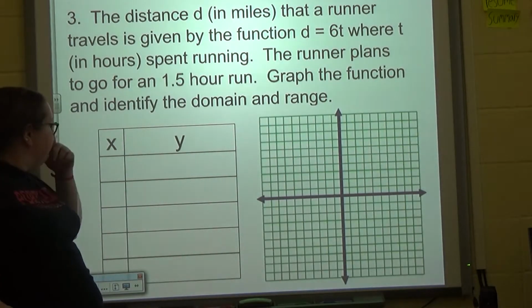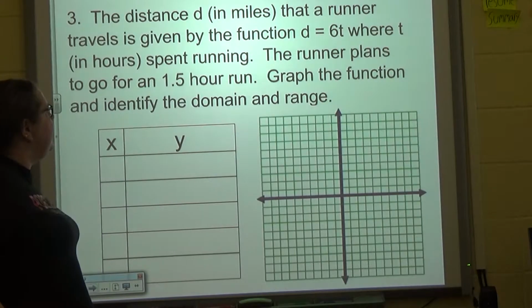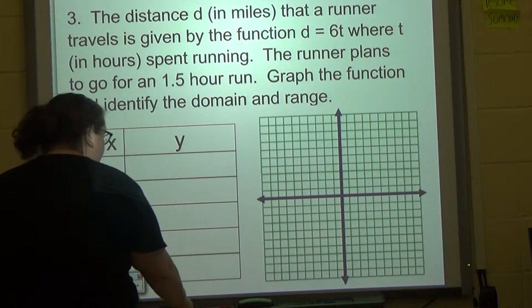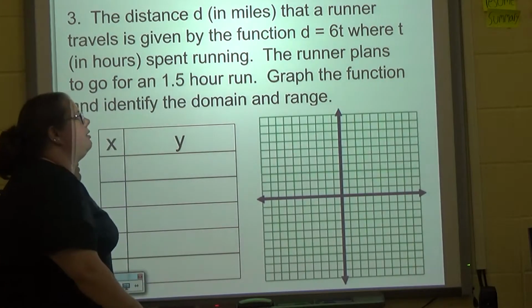Alright, next one. The distance in miles that a runner travels is given by the function d = 6t, where t in hours is spent running. The runner plans to go for a 1.5 hour run. Graph the function and identify the domain and range. So we really only need 2 points.